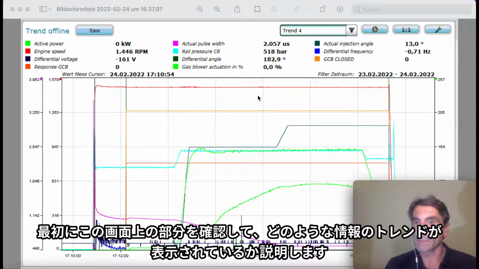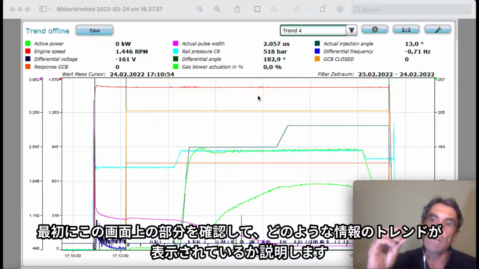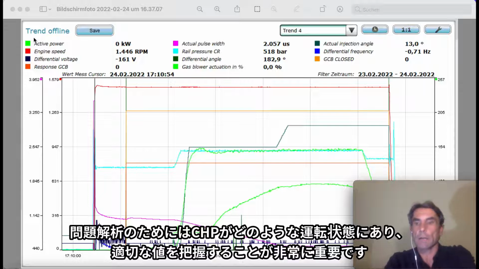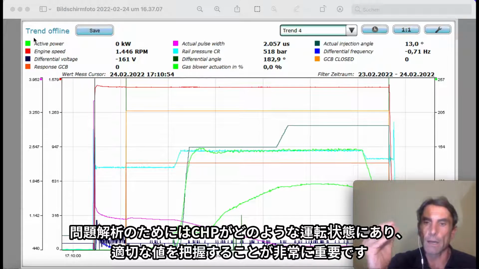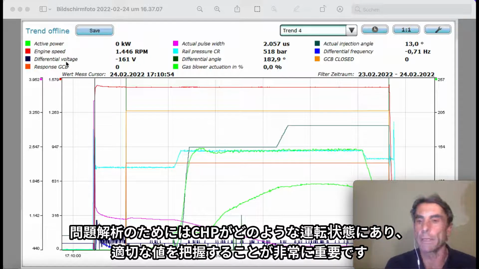Okay, so now we go quickly into our trends, and why I put the trend values, what we can see here on top, in place. Because it's always important that we know what we would like to analyze, in which kind of process we are, so that we figure out that we have the right values showing up here in the trends.